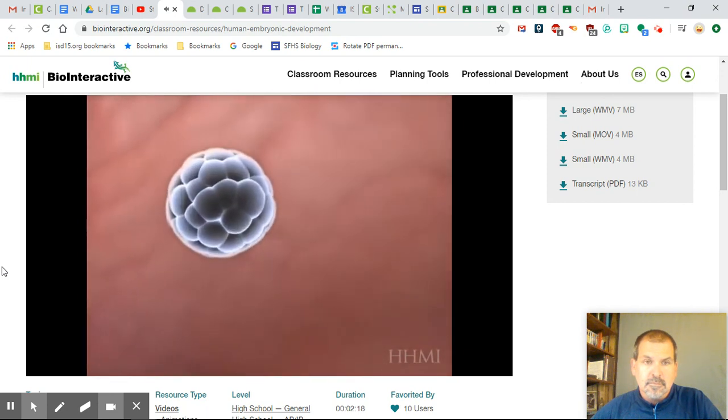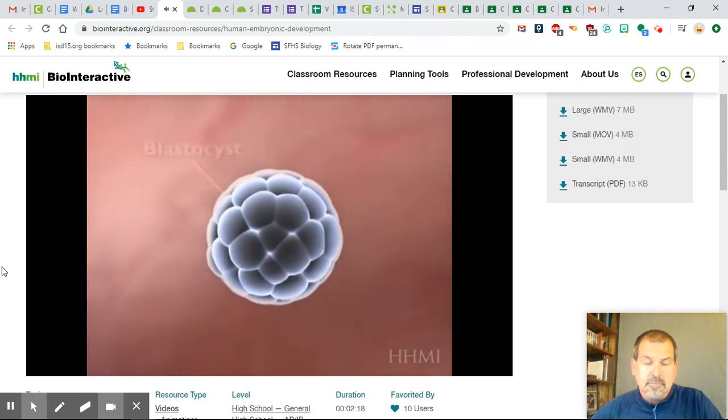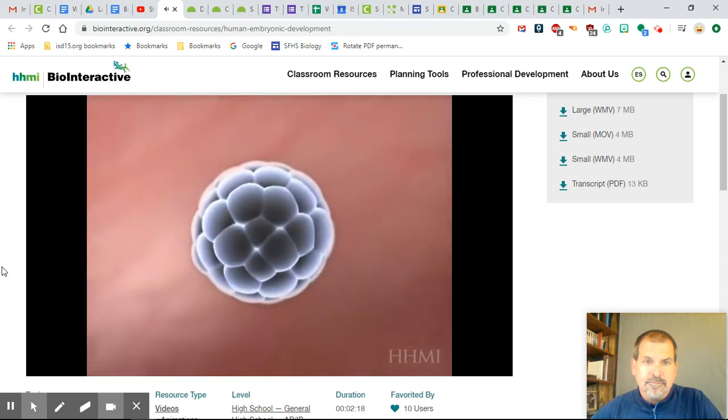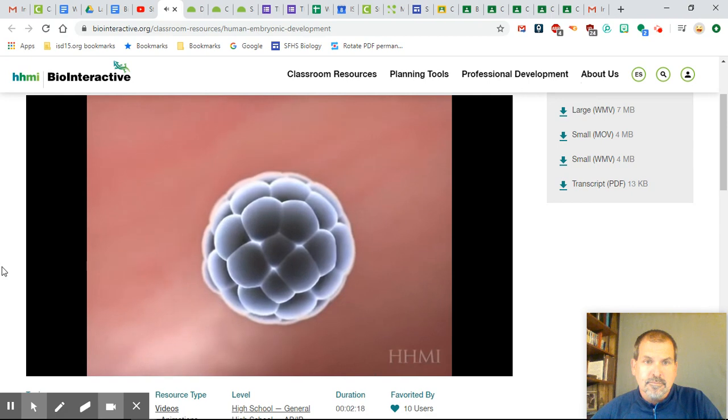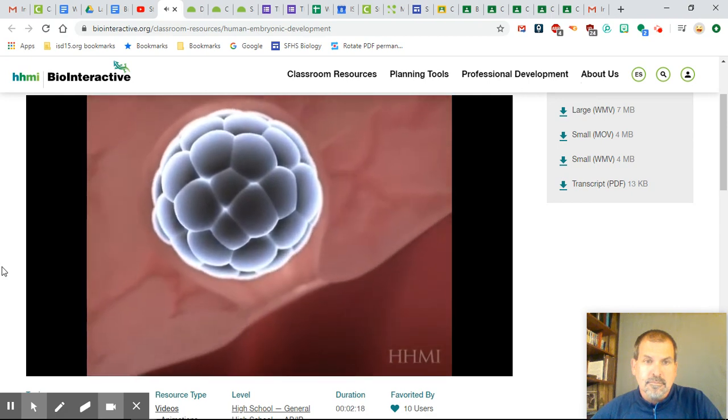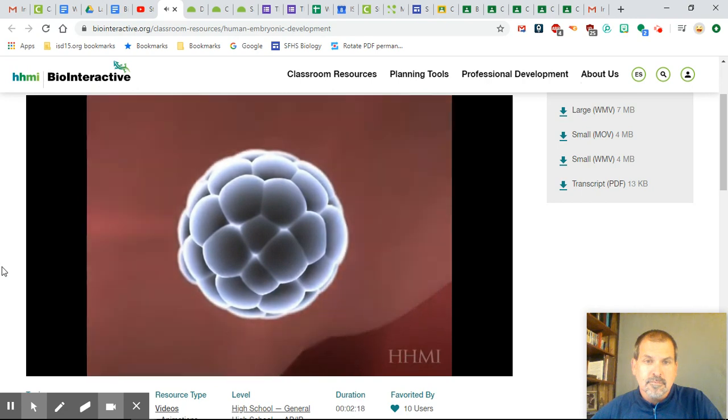At this stage, I'd like to draw your attention to the inside of the blastocyst, where there are cells called the inner cell mass, which I'll be abbreviating as ICM. Those are the cells that make the entire animal. And the outer cells give rise to the placenta and other supporting tissues. At this stage, the embryo implants into the wall of the uterus. This is when a pregnancy is really initiated.